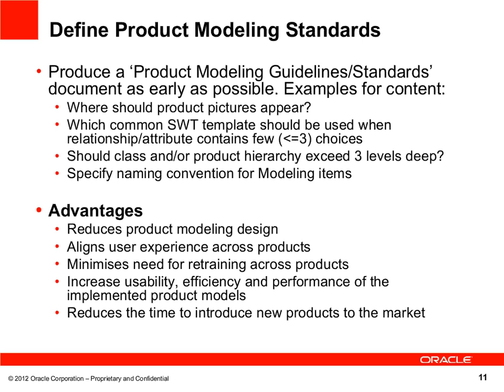First point here, define a product modeling standard document. Actually, this should be done at the beginning of each design phase, that you have a product modeling guideline standard document as early as possible. Example for the content could be, for instance, how should the user interface look like? Where shall the pictures be moved?